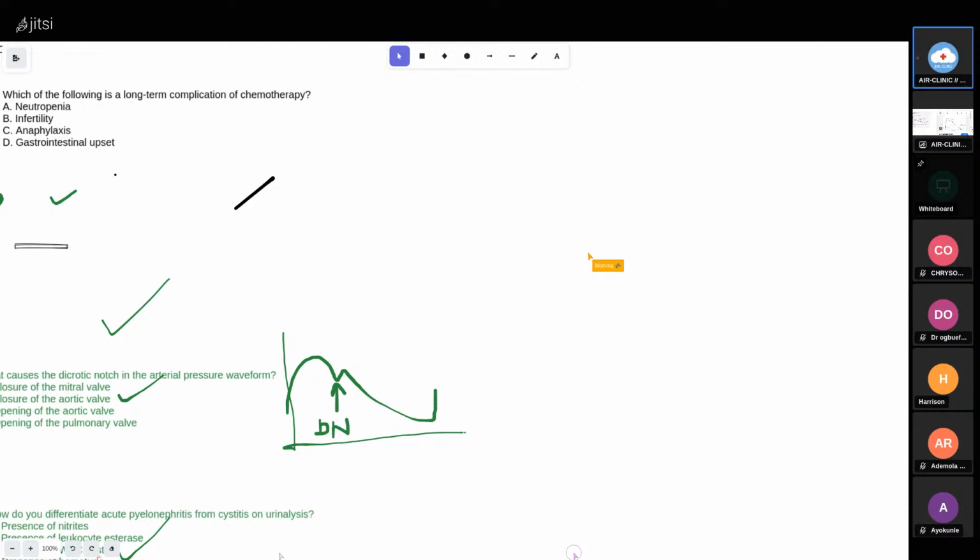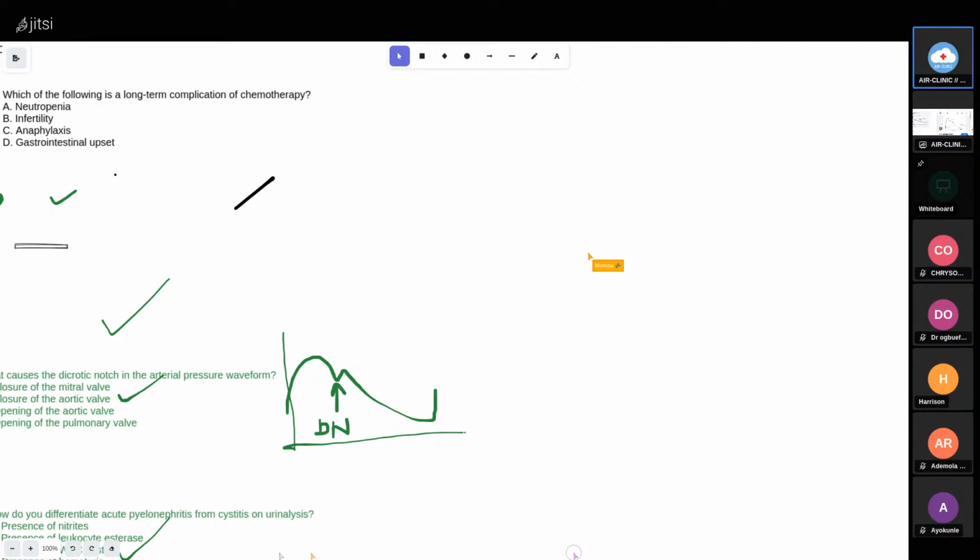So SA node, AV node, and they are both on the right, right? So we expect the right coronary artery to be the one supplying both the SA node and the AV node.